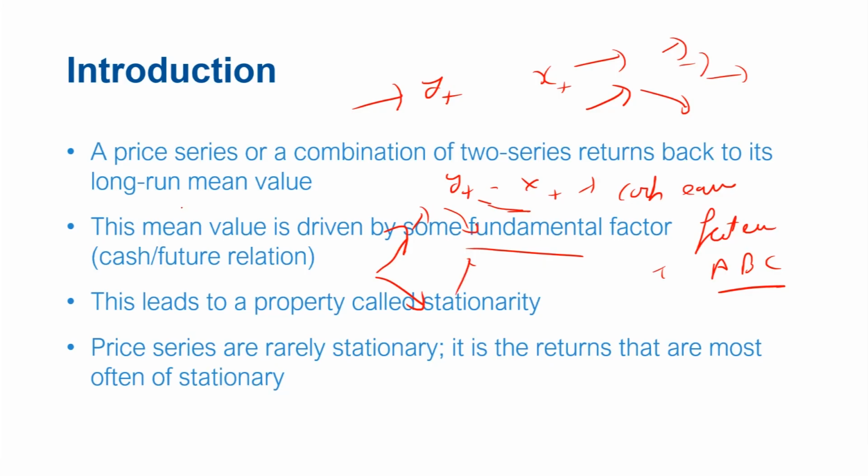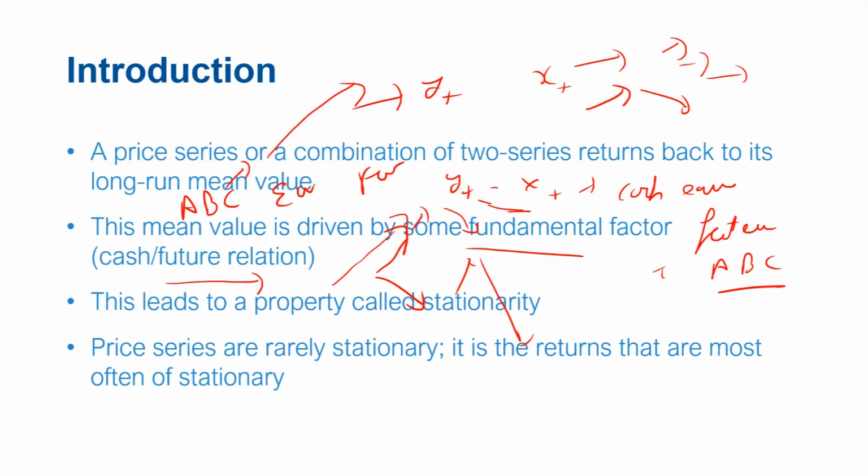So if I were to take the difference of ABC's cash equity and futures, the difference would remain somewhere around its long term value, even though on its own ABC equity price may move much above, and same about future. It may also move much above or down, but if you look at the difference of these values, it will remain closer to some long-term average.